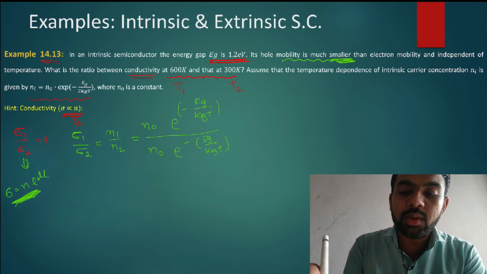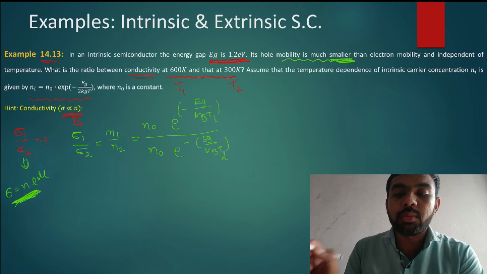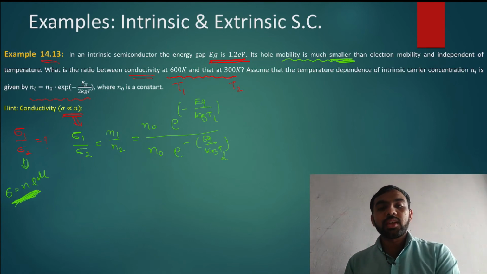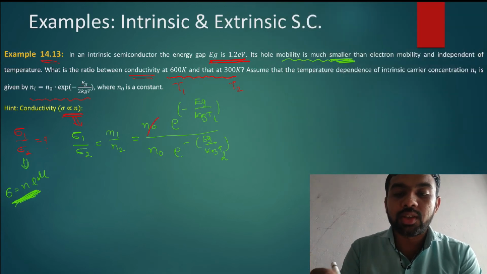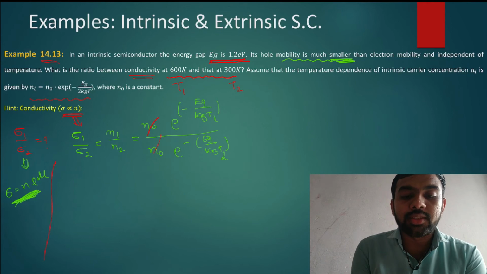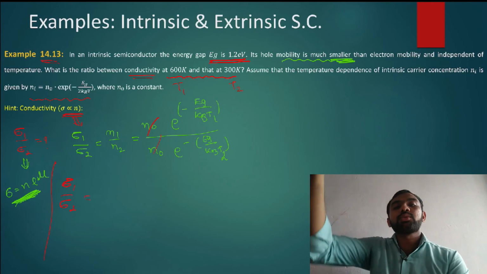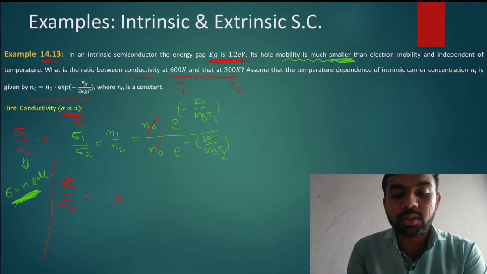So here you write kB T1 and here you write kB T2. ठीक है, तो ऐसा लिख दो. यहाँ पे जो भी कैंसिल होता है उसको कैंसिल करो. चलो, so N0 cancels out. So what is the final answer? Sigma 1 upon sigma 2 is equal to, this denominator comes to numerator, so it becomes plus. So e raised to Eg upon kB, taking it common, 1 upon T2 minus 1 upon T1. This is our answer.